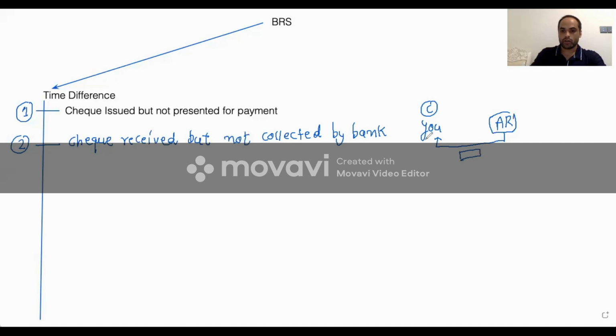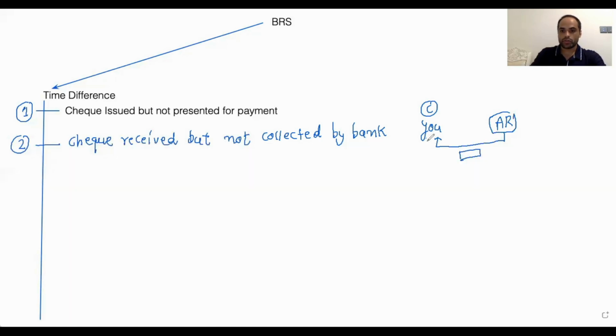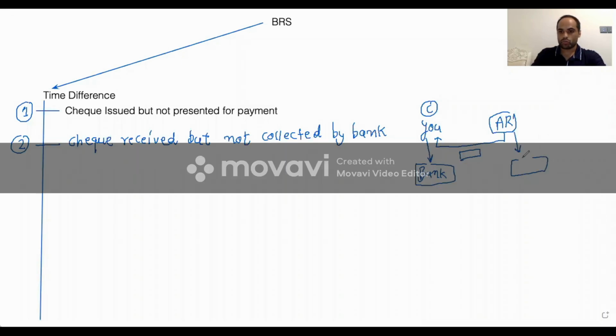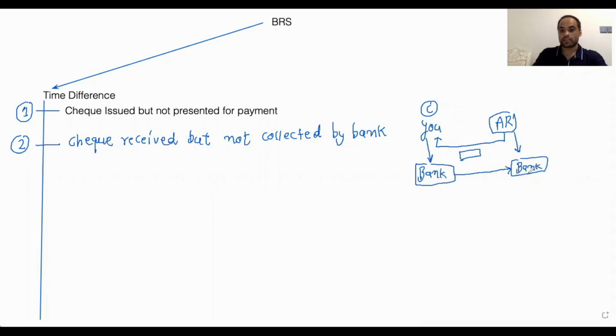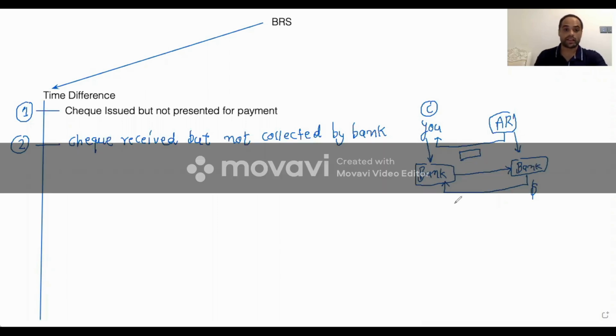Now you will send this check to your bank, and your bank will contact your customer's bank, and after that the customer's bank will transfer money from the customer's bank account to your bank account.